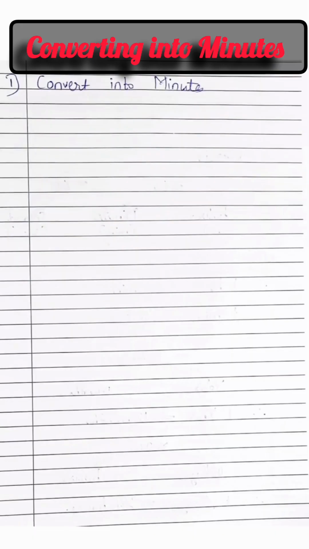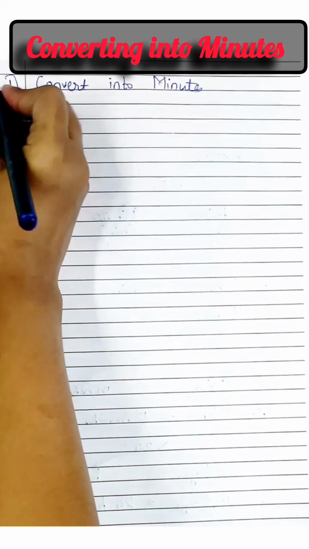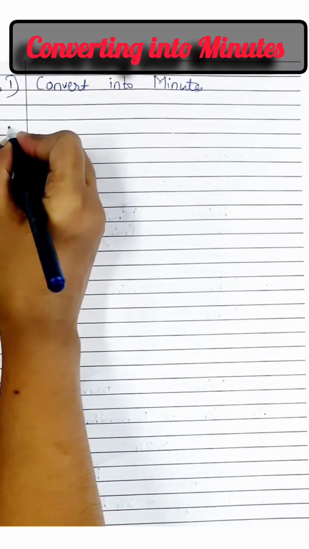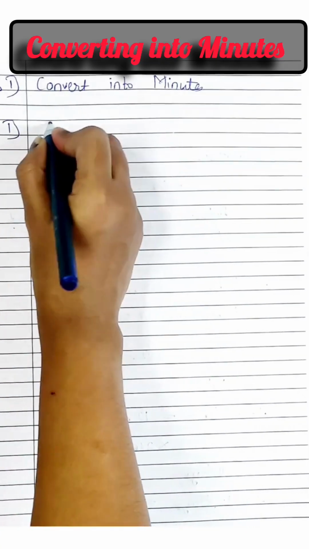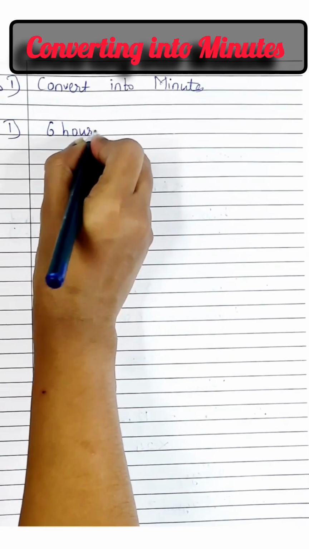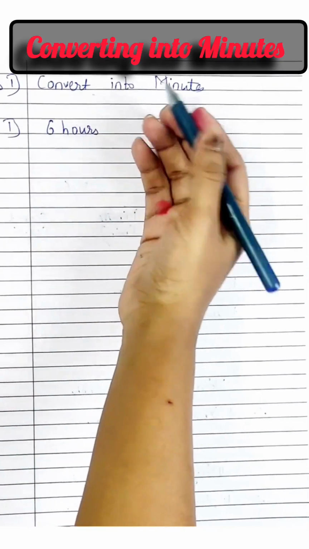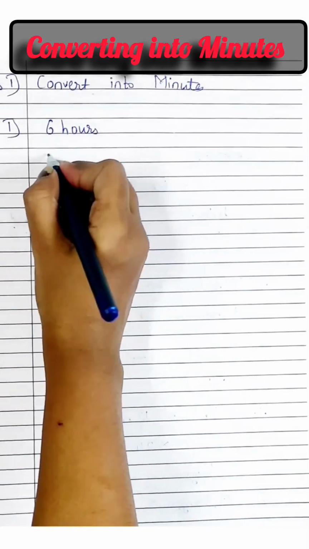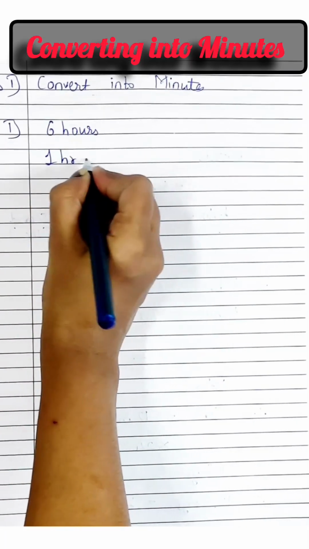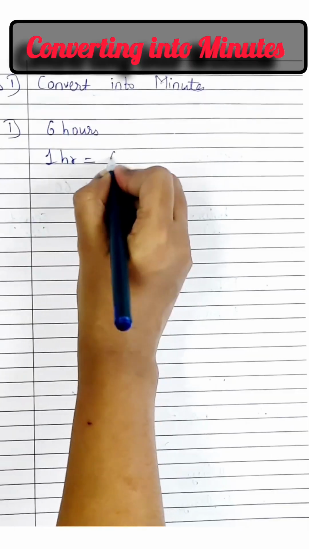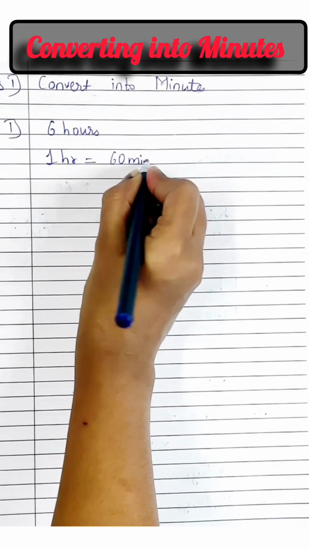Now we will start the sums based on converting into minutes. Question. First sum. 6 hours. We have to convert into minutes. We know that 1 hour is equal to 60 minutes.